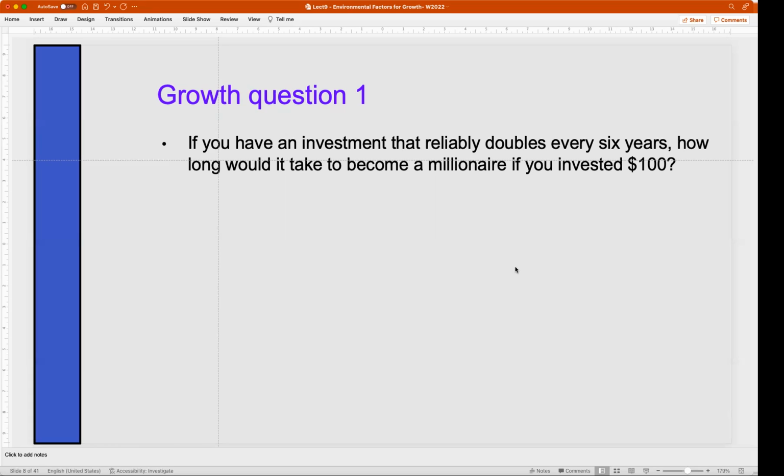Okay, thanks. So 14 times 6, yeah, that's 84, right? So in 84 years of doubling time, you become a millionaire. Put in $100, 84 years from now, you get a million. So question 1, 14 doubling periods, 84 years.